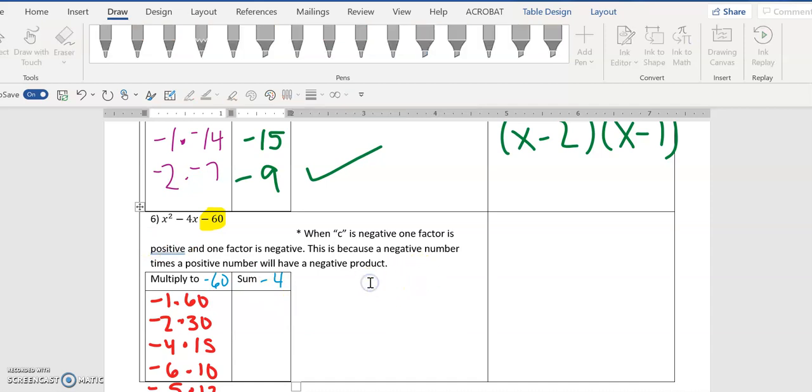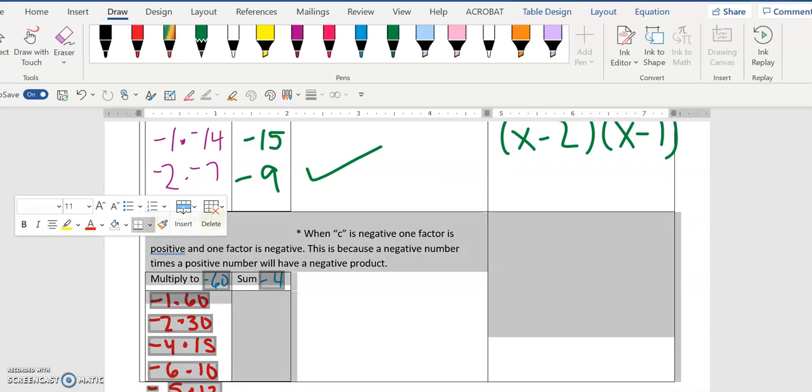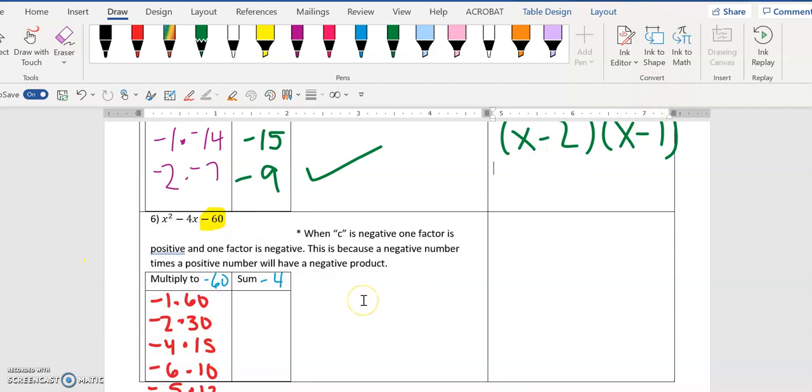So what numbers do we think it is? Which numbers look to have a sum of 4?